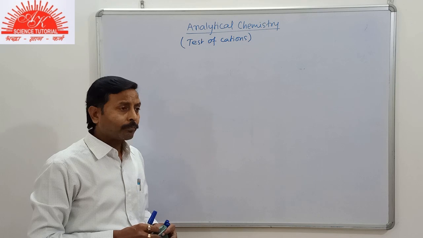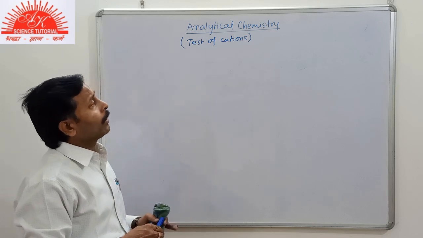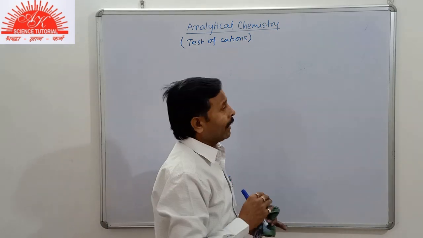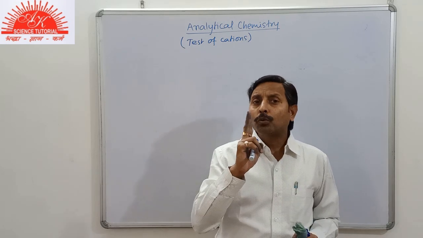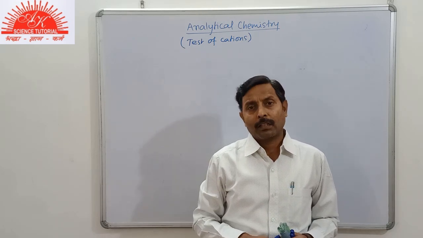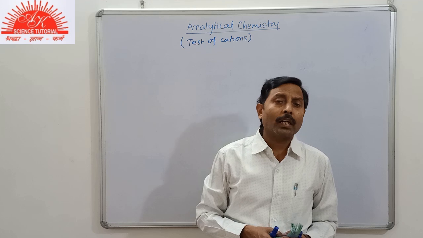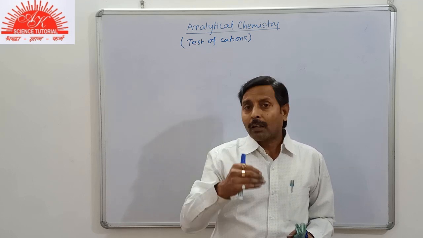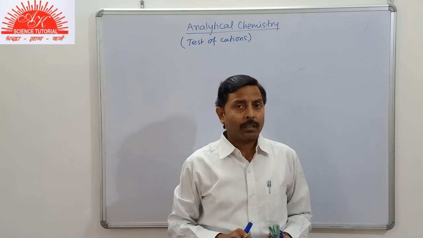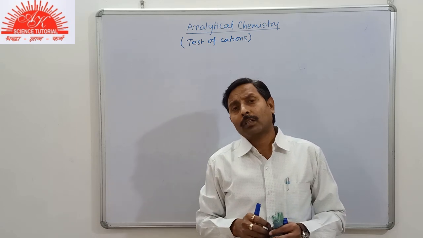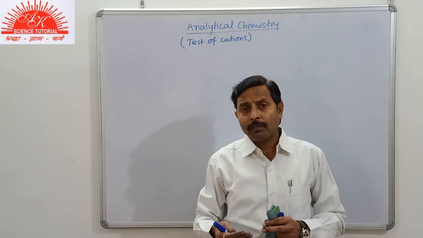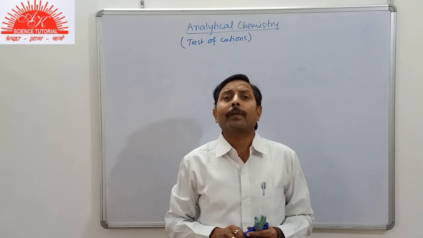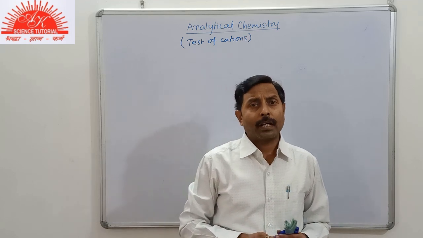Now, students, for the test of cation, we mainly use two reagents. One, the caustic alkali, NaOH, sodium hydroxide. We can also use potassium hydroxide for it, but potassium hydroxide is highly corrosive, highly reactive, so in its place we prefer sodium hydroxide.